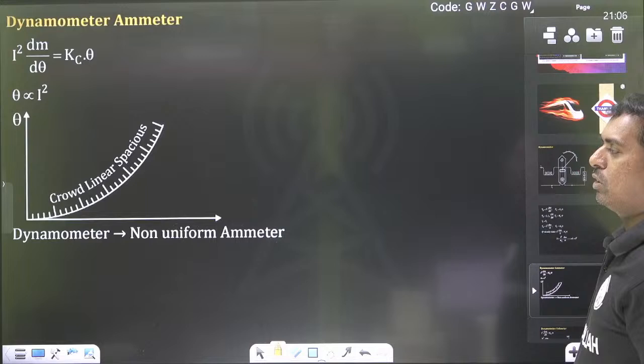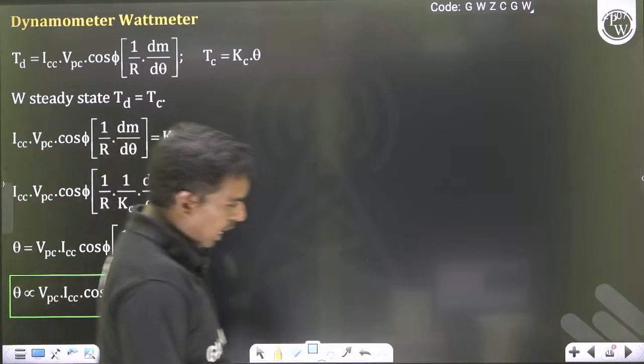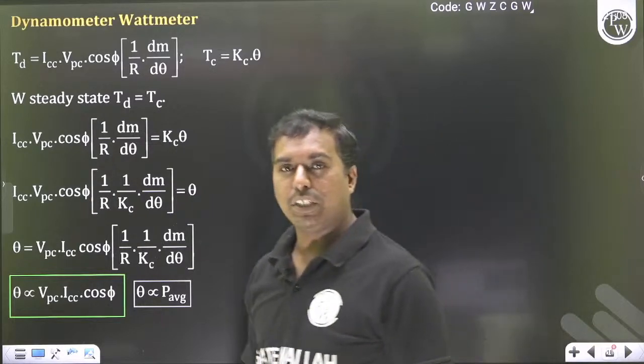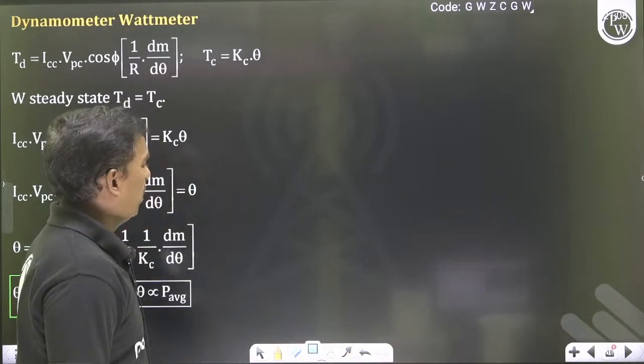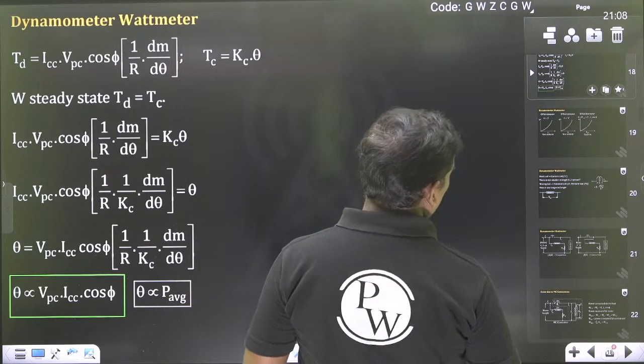Ammeter का waveform non-uniform. चलो, see. So for the average power, the expression is θ is proportional to P average, VPC ICC cos φ.